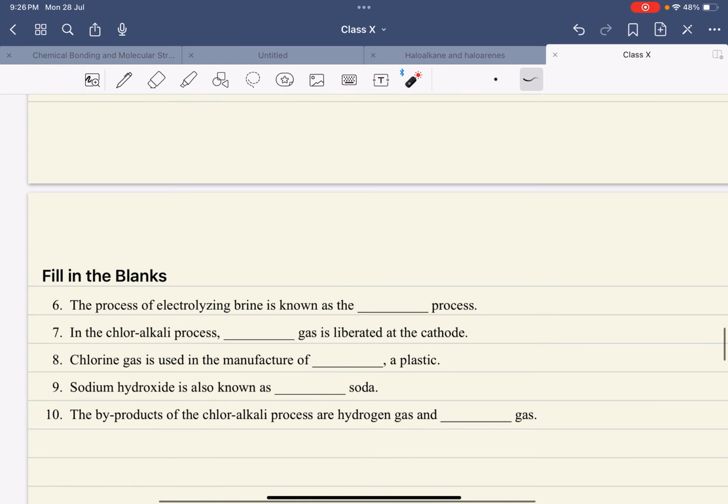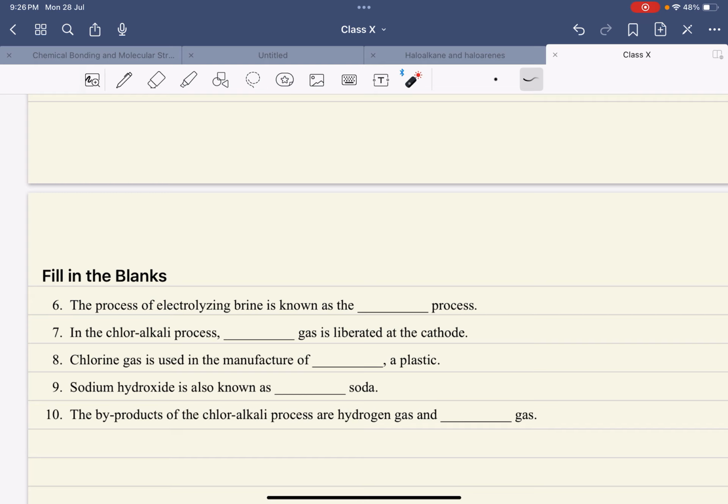Fill in the blanks. The process of electrolyzing brine is known as the chloralkali process. In the chloralkali process, dash gas is liberated at cathode. Which gas is liberated at cathode? We know there are two gases, one is hydrogen gas and one is chlorine gas.